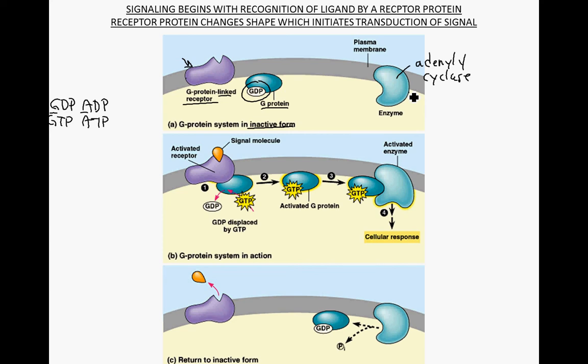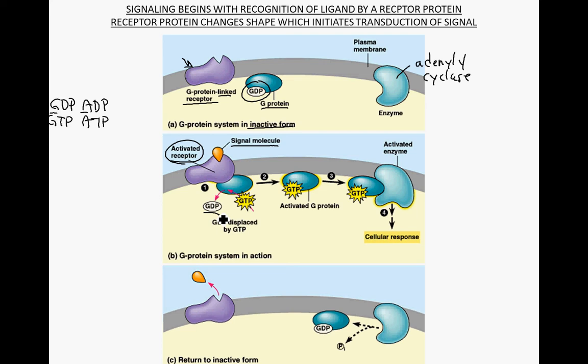So this is what happens with a G protein, is that the signal molecule is going to bind to the receptor. This activates the receptor. That in some way is going to trigger the G protein to release the GDP and then bind GTP.